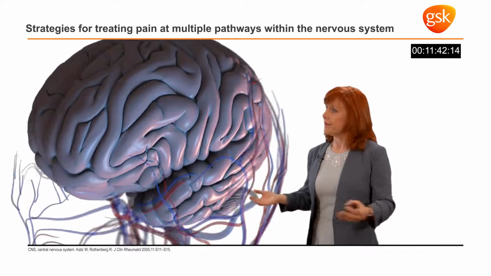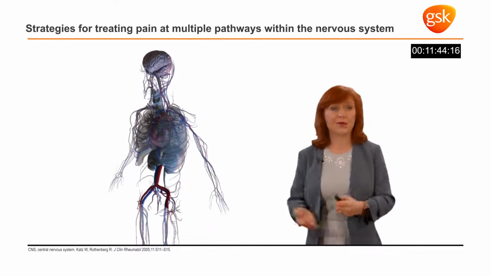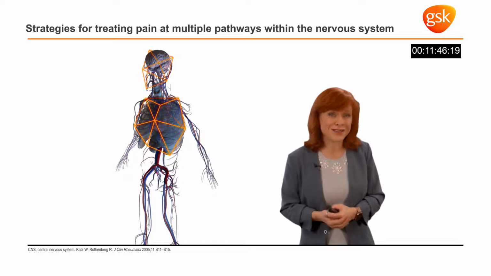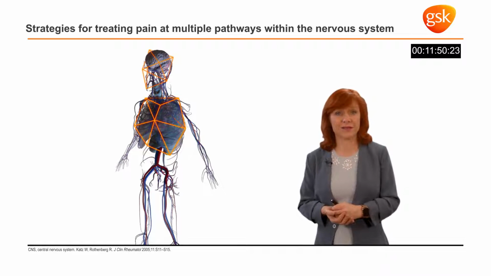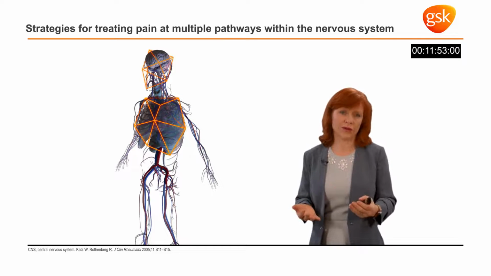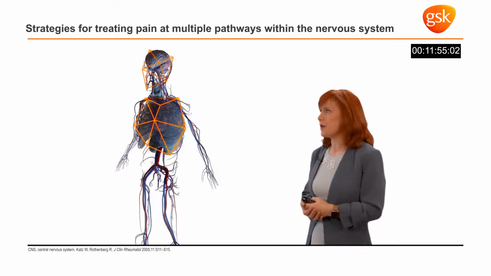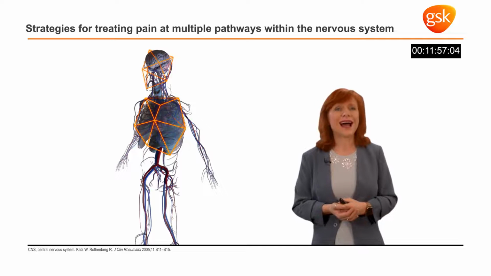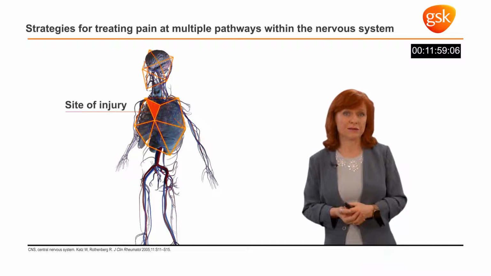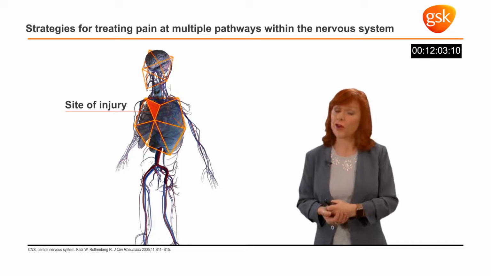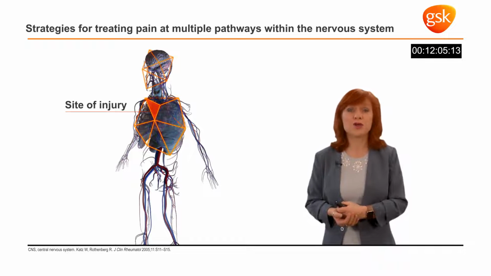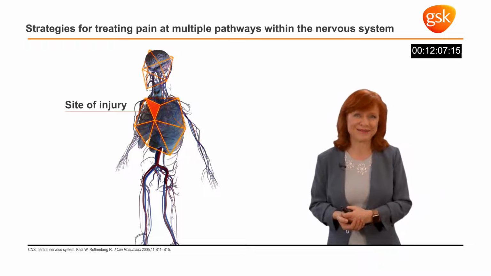So, how do we treat pain? Well, quite clearly, there are many different analgesics out there, and indeed they work at many different sites. Of course, non-steroidal anti-inflammatories work largely at the site of injury. Opioids, on the other hand, do not. There are no, as far as I'm aware, topical codeine products.